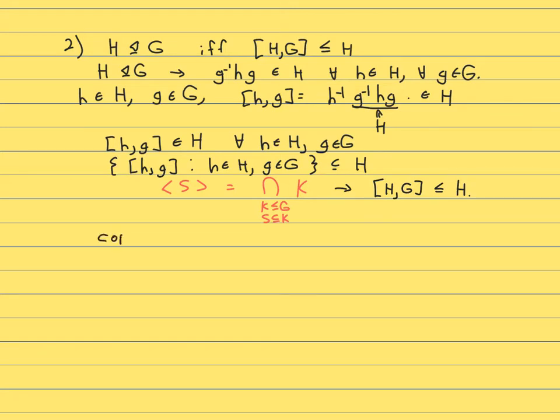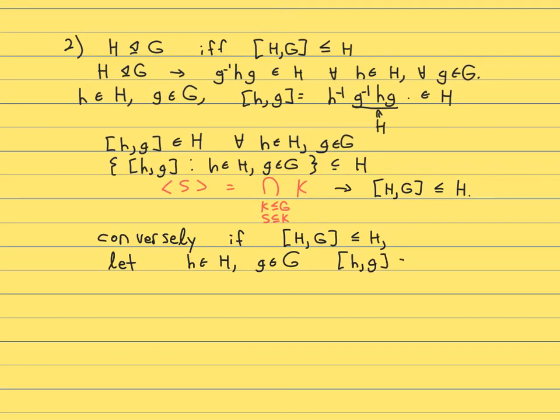Conversely, if the commutator subgroup were a subgroup of H, and we take h in H and g in G, we already have now that this commutator is an element in H, so let's call it h double prime.